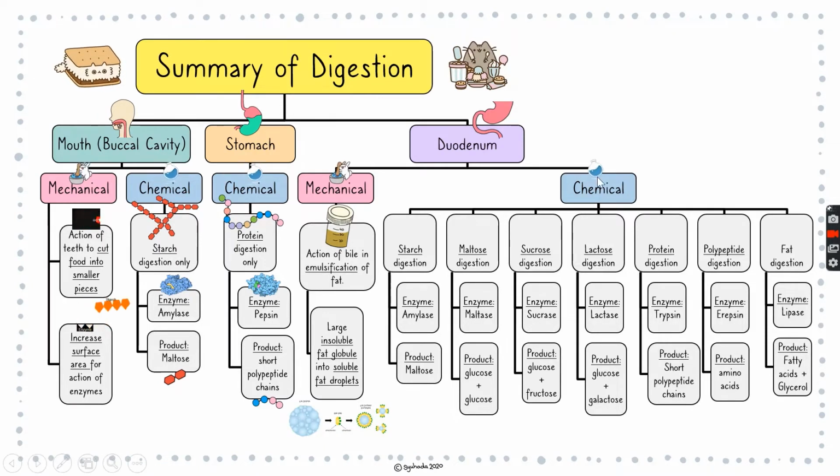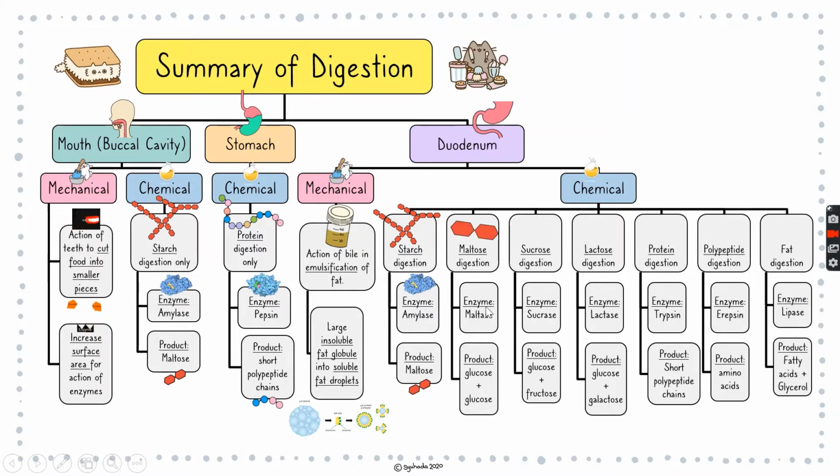Now let's look into the chemical digestion found in the duodenum. So we have starch digestion occurring there. This is due to the enzyme pancreatic amylase, and the product is maltose.